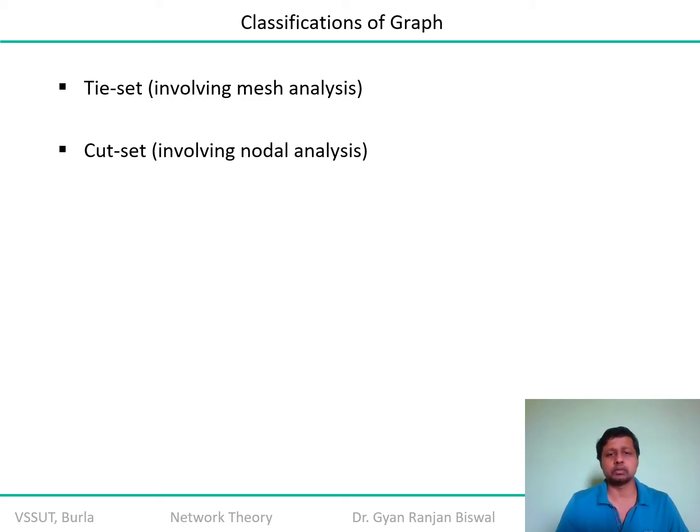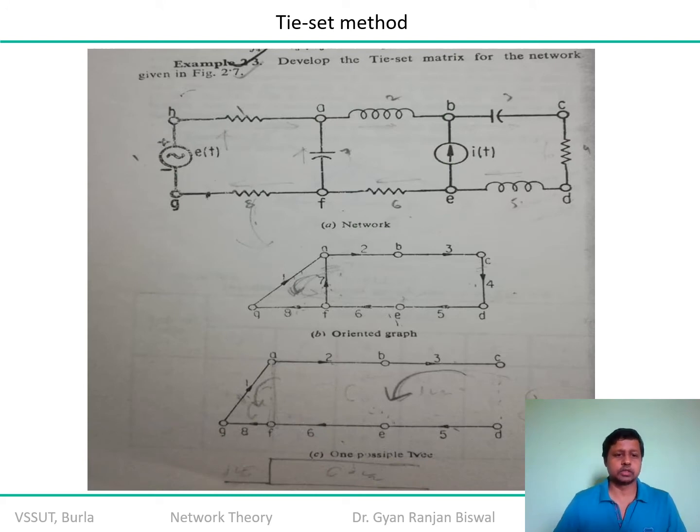Now first we are going to consider the tie set approach to resolve the network, or to find the solution of a given network using the graphical approach. As demonstrated in this slide, an electrical network is given, and E of t represents the instantaneous value of the electromotive force, in other words the equivalent source applicable to the entire electrical network.